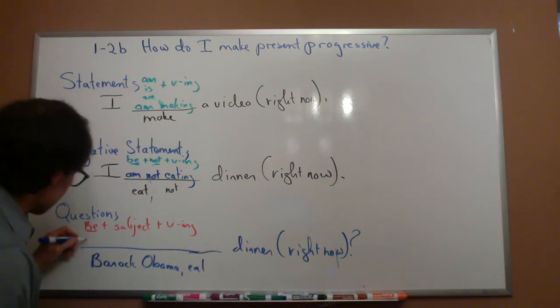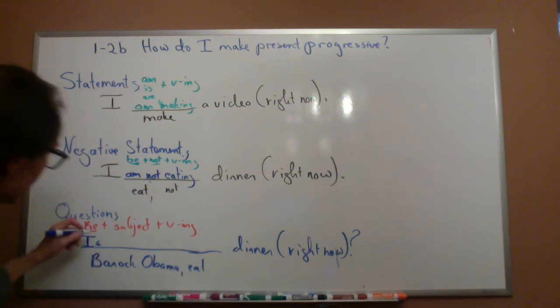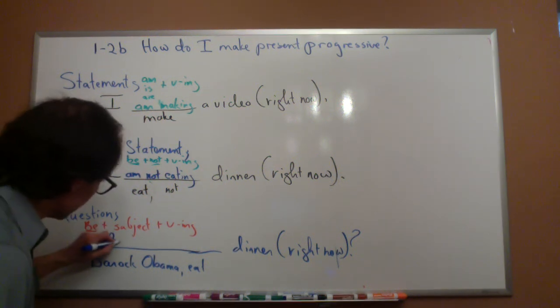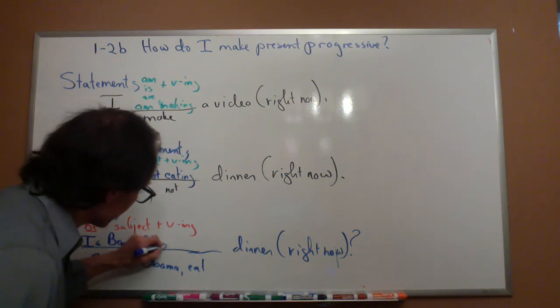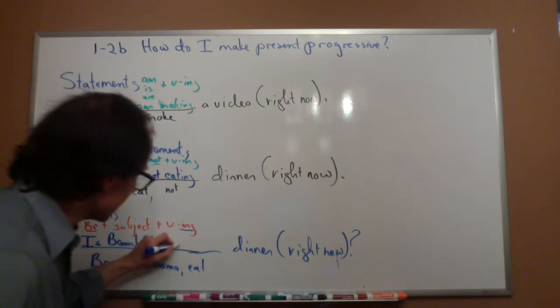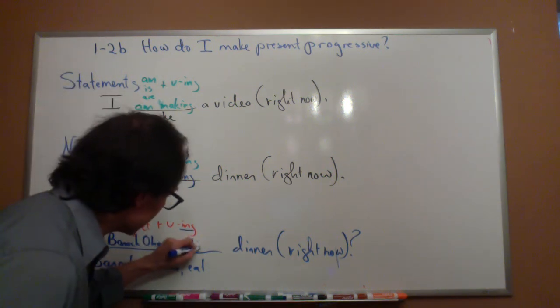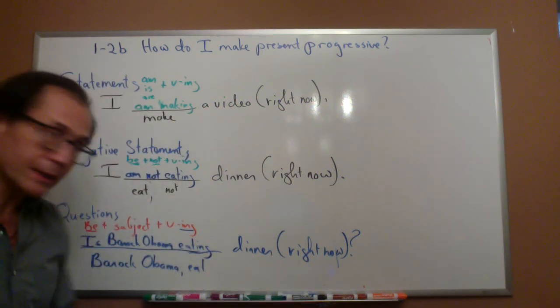I'd say is. Is Barack Obama. Then I write the subject, the person or thing who's doing this, which is Barack Obama. And then I add verb ing. So I'd say eating dinner right now. Is Barack Obama eating dinner right now?